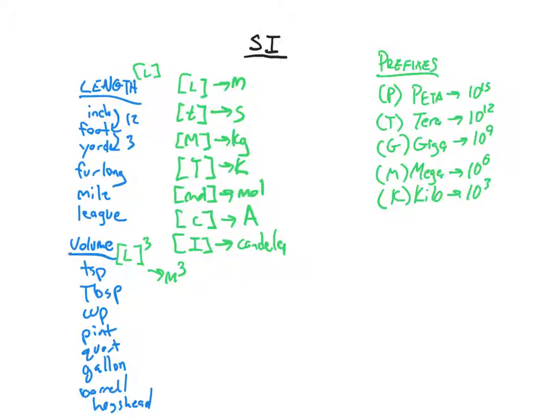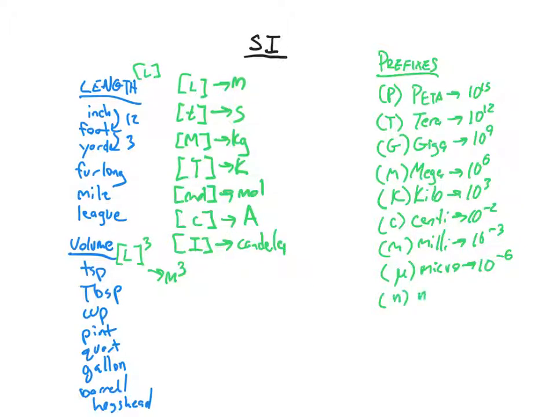And then if we start talking about things smaller than a meter, we have centi, just 10 to the minus 2. Milli is 10 to the minus 3. Micro is 10 to the minus 6.